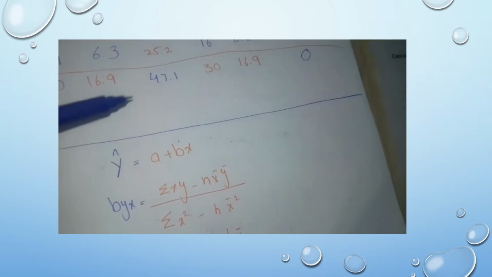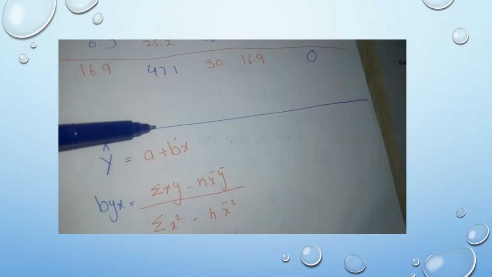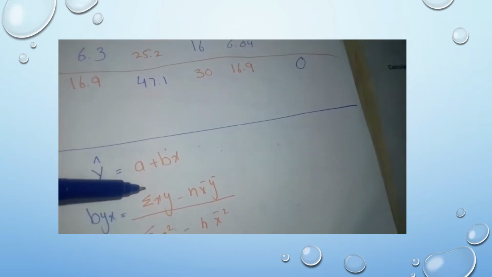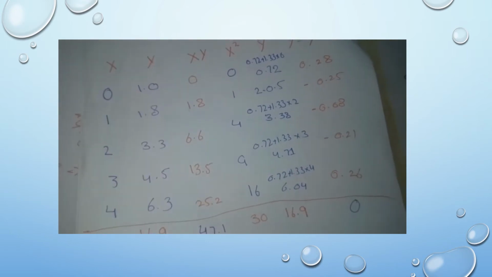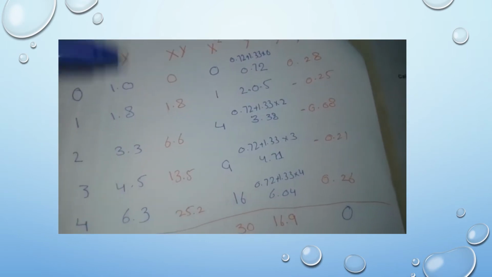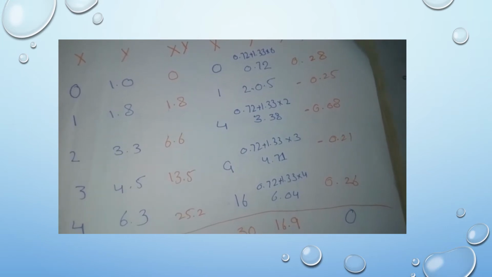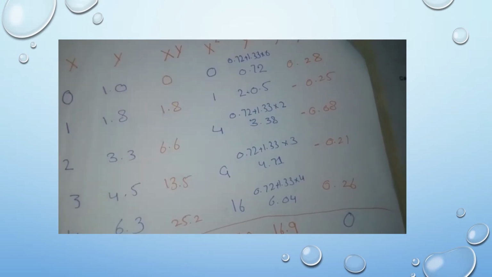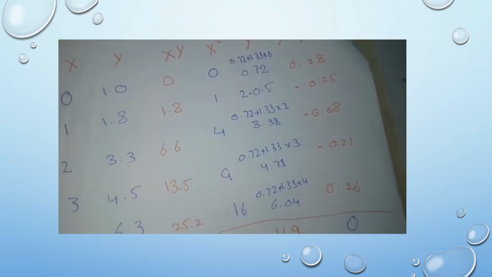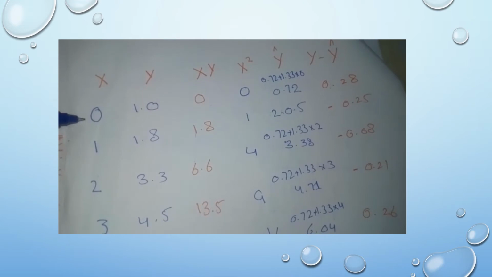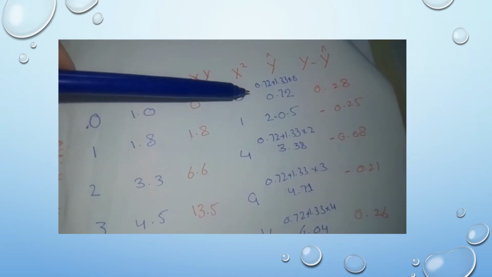So the next step is we calculate the y hat, which is equal to a plus bx. We already calculated a and b. So for the y hat, a plus bx, the value of a is 0.72, the value of b is 1.33, and for the first value x is 0, so the answer is 0.72.